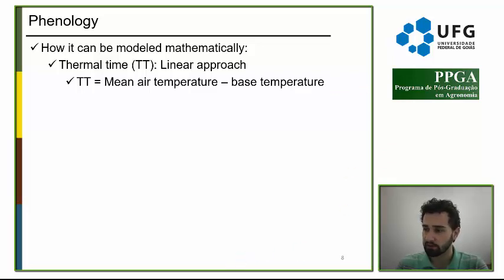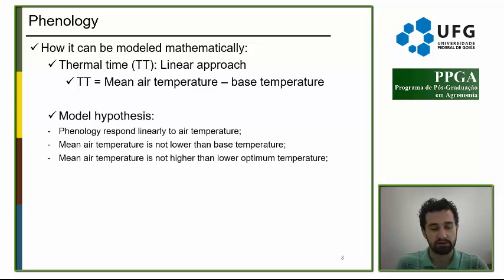So remember that last class we talked about hypothesis. So to use this very simple model, mean air temperature less base temperature, what do we define as the model hypothesis?